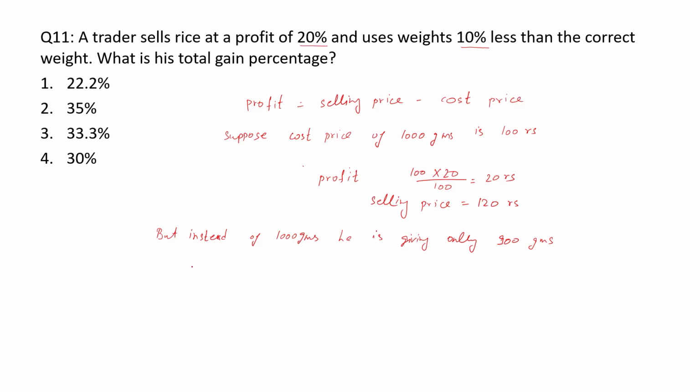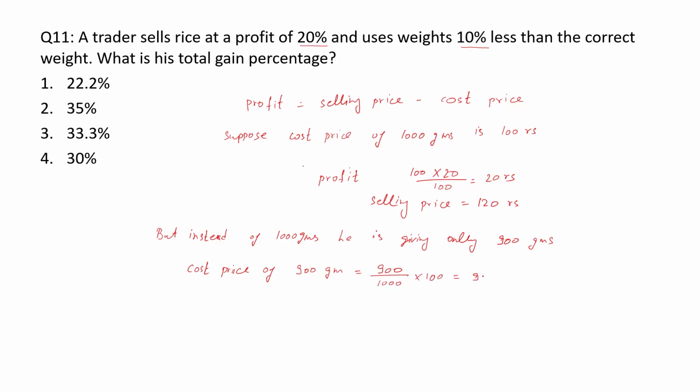So now cost price of 900 grams is 900 upon 1000 into 100.